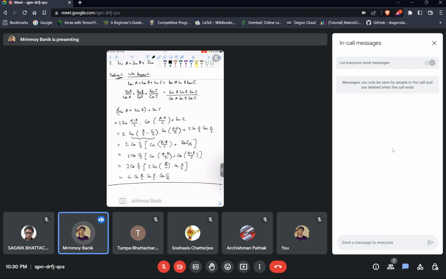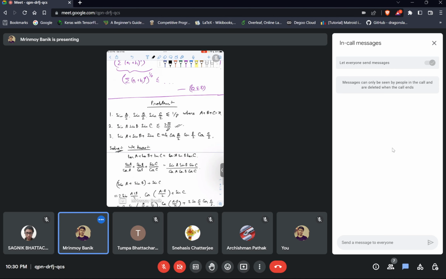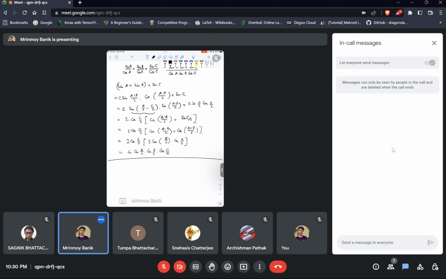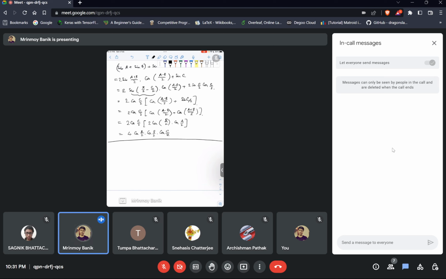So this is the first inequality we got, and for the rest we can take observations as tan A, tan B, tan C. So these are our observations.